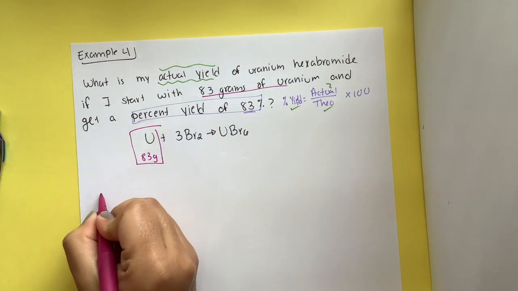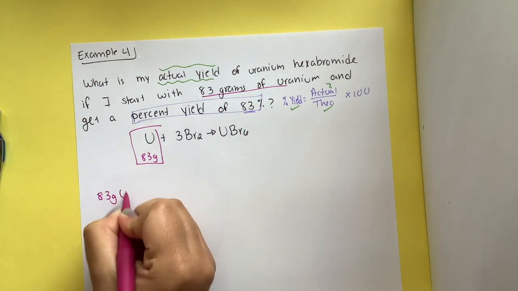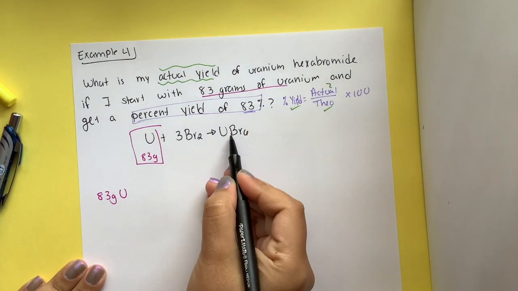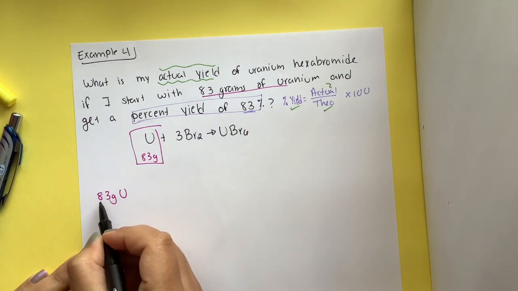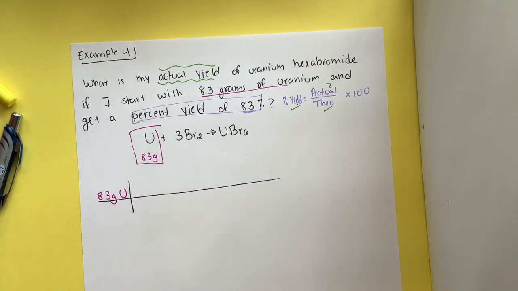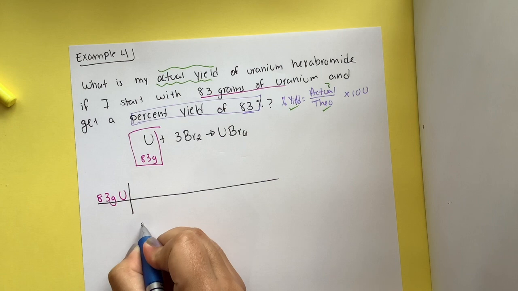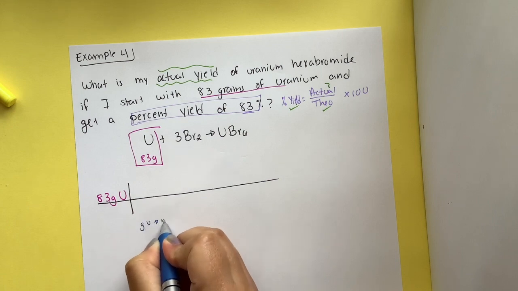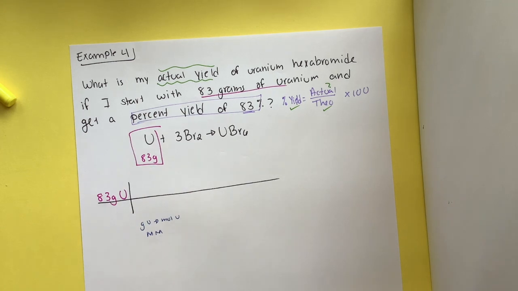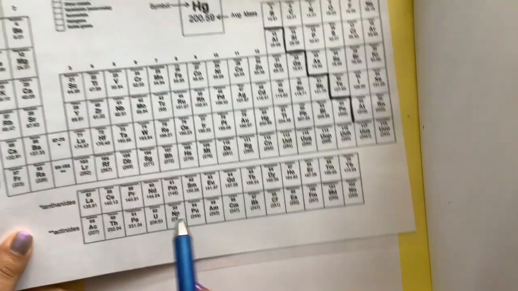So I start with 83 grams of uranium, and I need to figure out how many grams of uranium hexabromide I can make. Remember, my first step is to go from grams of U to moles of U by using the molar mass of U. So uranium is down here.